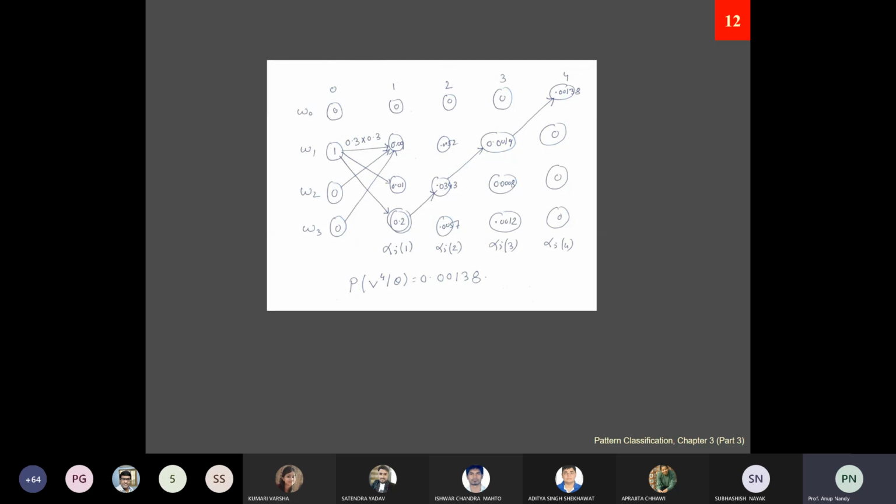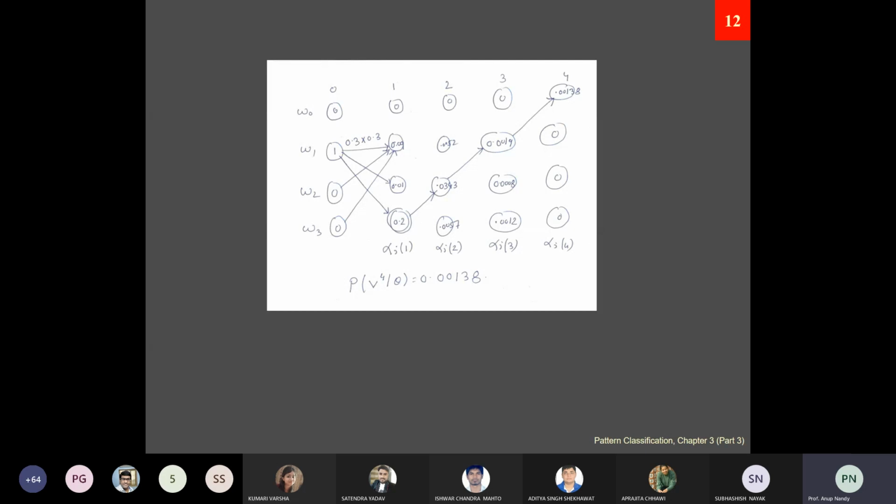So if you see the arrows, we need to follow the path, and you need to find which one is the probability. So this alpha ij is given. Now you just need to multiply 0.03 into 0.03.